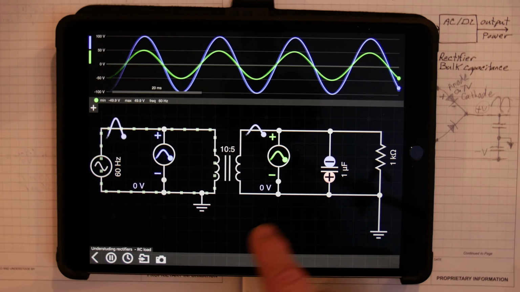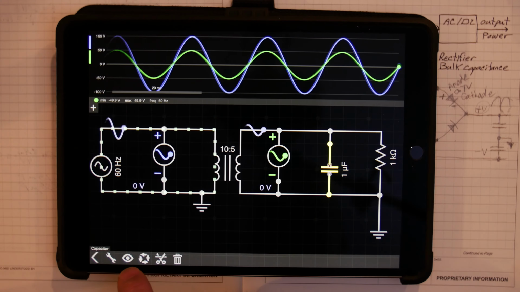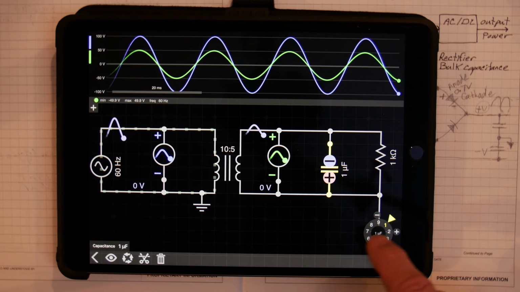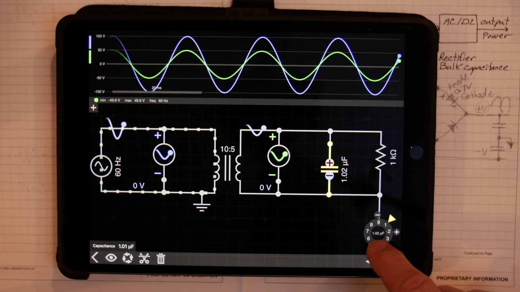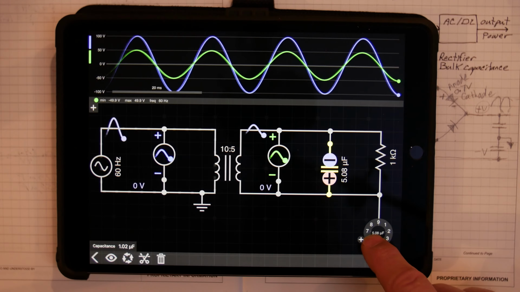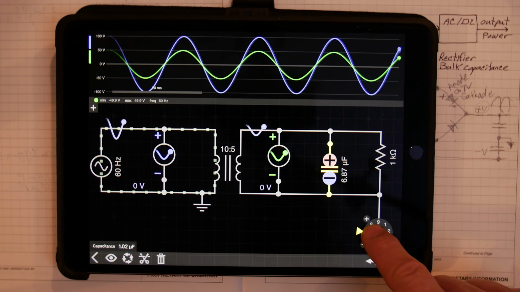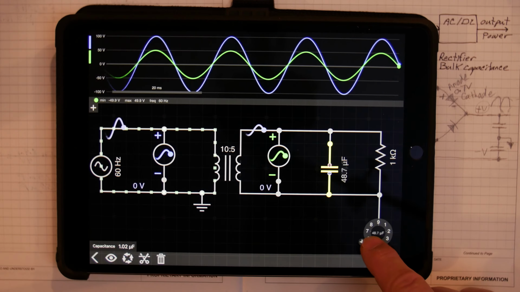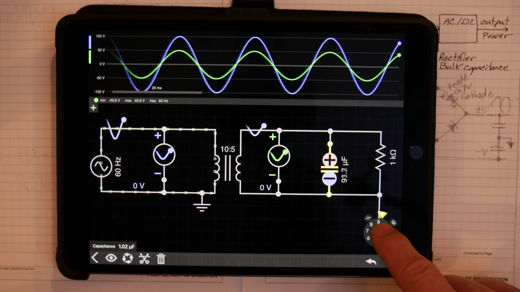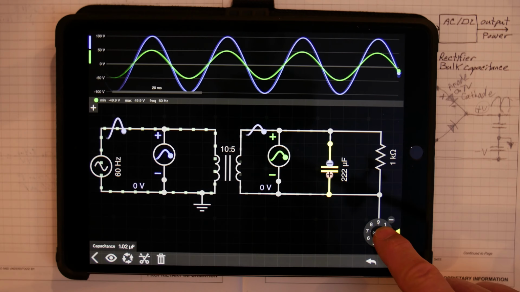Okay, so let's increase the size of this capacitor to see what happens. Okay, there's 5 microfarads. I went from 1 to 5 microfarads. Don't see anything. Okay, keep on increasing it, and I'm up to 228 microfarads.